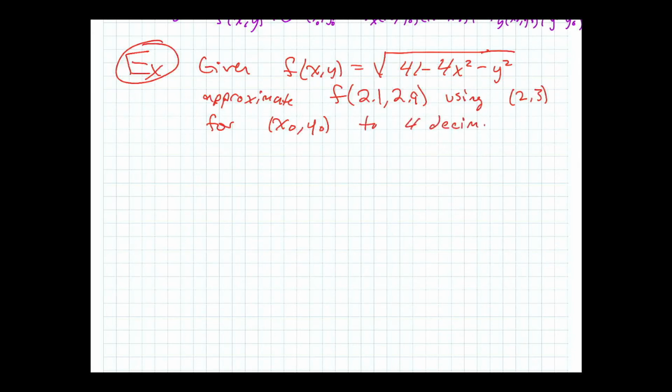Okay, so in order to do this, the first thing you're going to need to calculate is L of xy, which again is just the tangent plane.